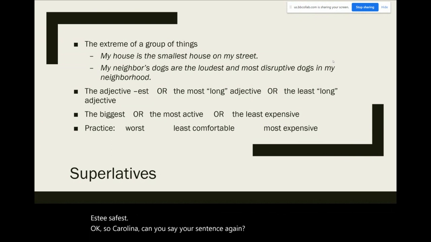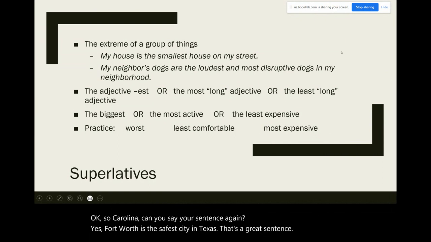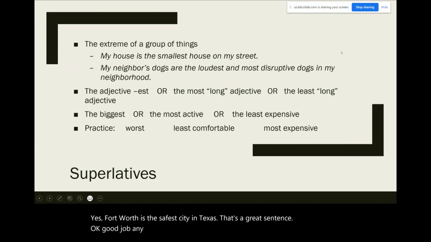Yes. Fort Worth is the safest city in Texas. Yes, Fort Worth is the safest city in Texas. That's a great sentence. Okay, good job. Any questions about superlatives? No.